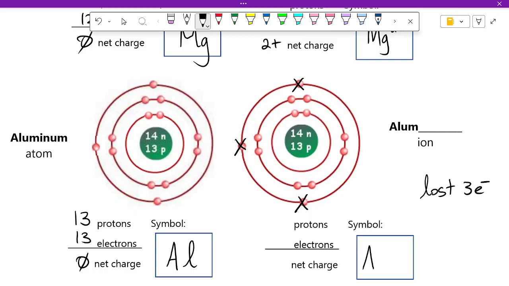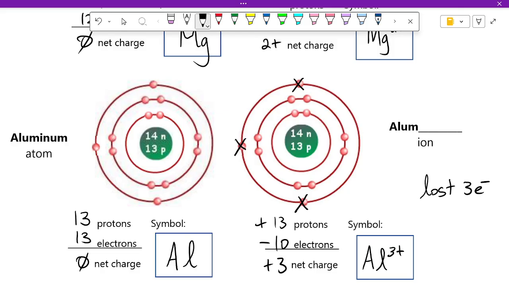What is the charge if we lost 3 negative things? 3 positive. And we can confirm that because we still have 13 protons, but now we only have 10 electrons, so we have positive 13 and negative 10, gives us positive 3.